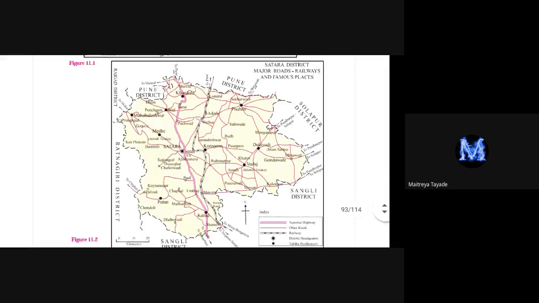Here is the map of Satara district, major roads and railways. The first question they have asked is in which areas you see a dense network of roads and railways.